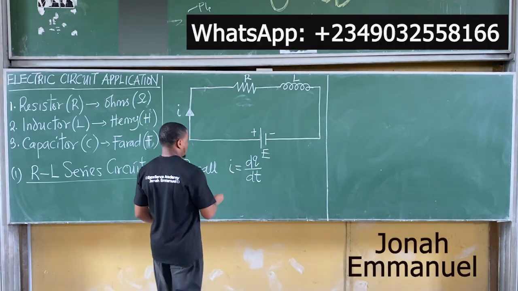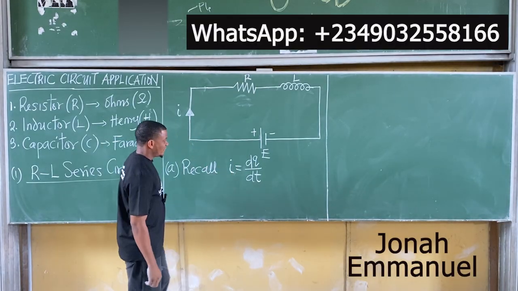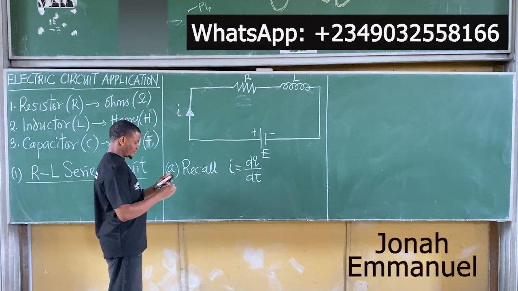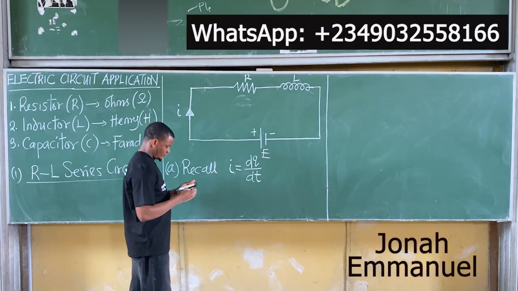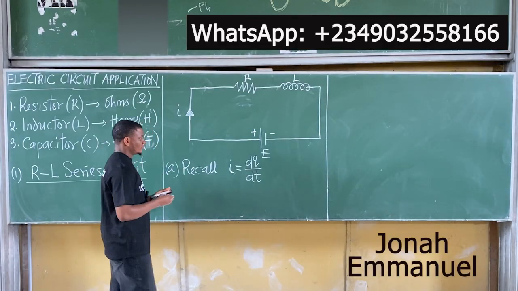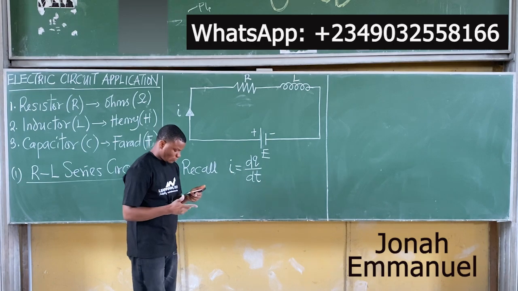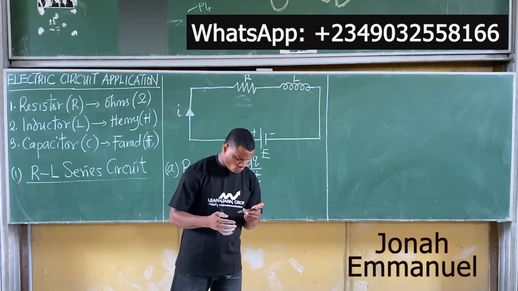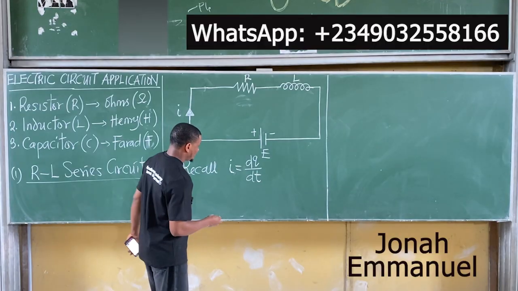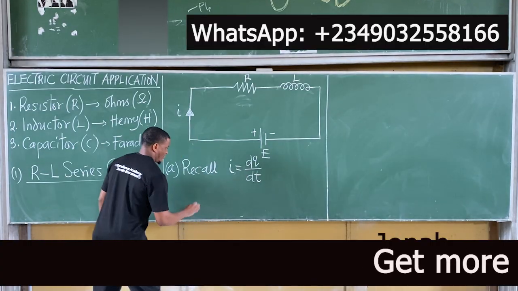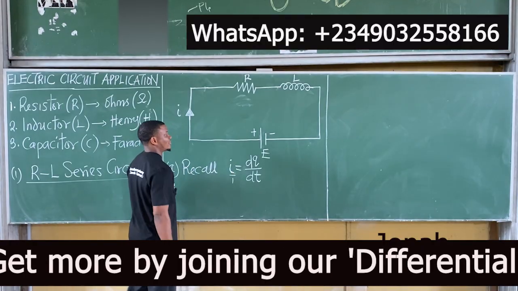So current is equal to charge over time. What's Q from here?